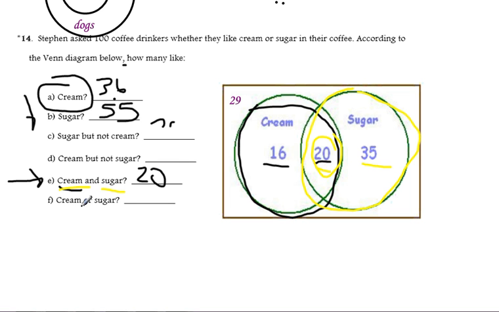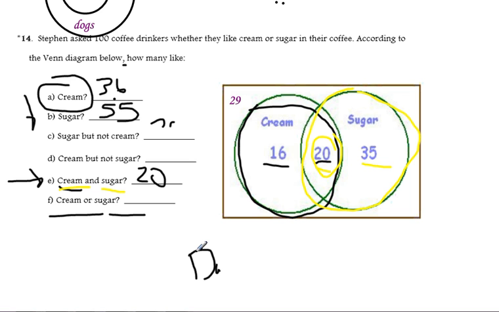All right. The last one is a little bit tricky to understand. We want to know how many people like cream or sugar. So if I told you that I like dachshunds, which is a type of dog, and I like basset hounds. Do I like dachshunds? Yes. Do I like basset hounds?